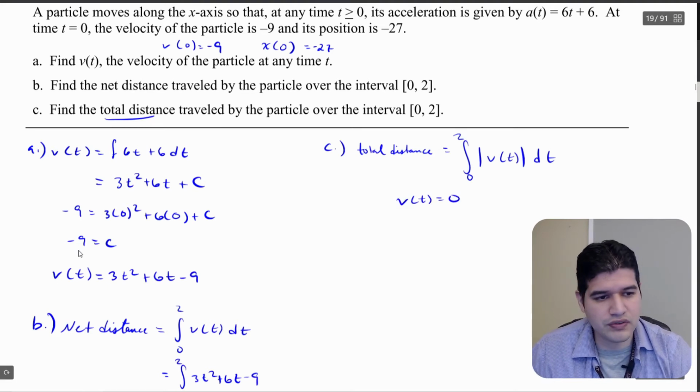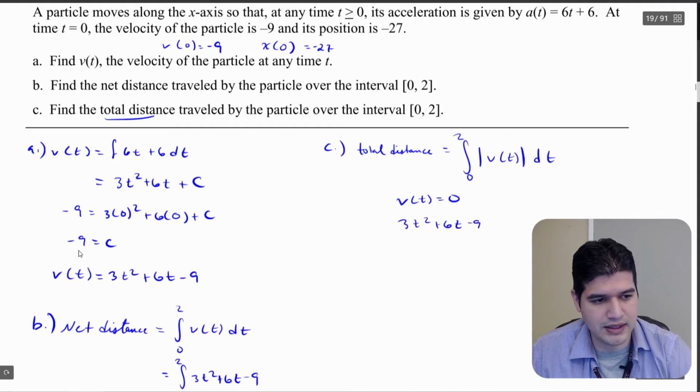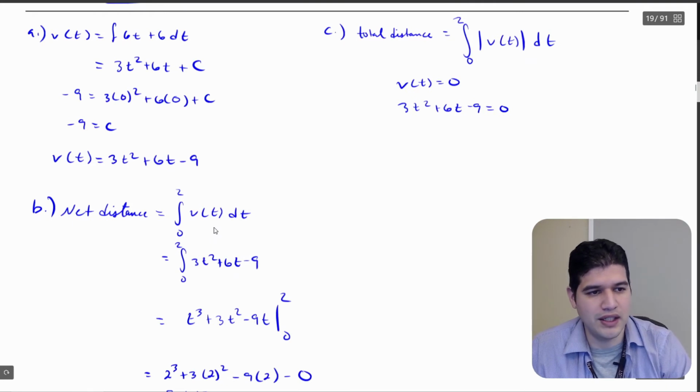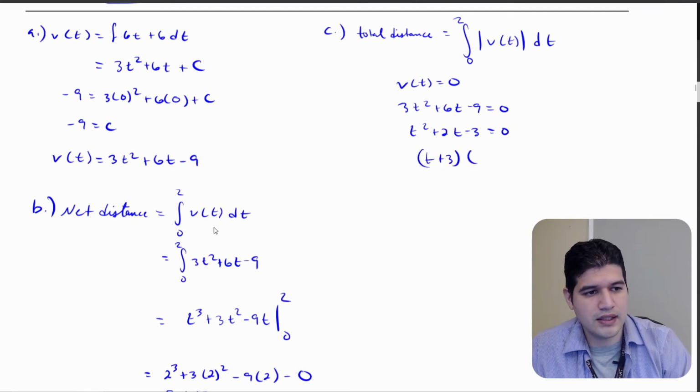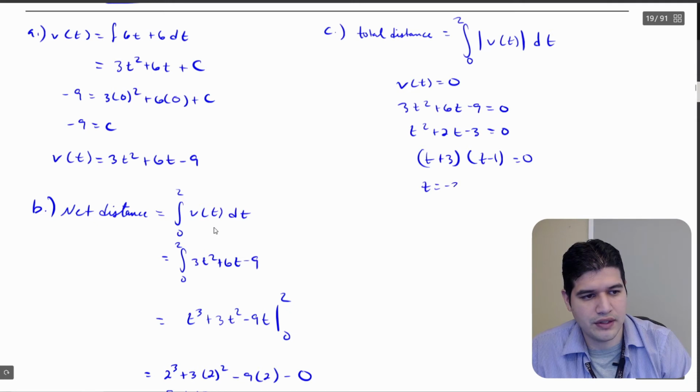And we've already solved for v of t. So 3t squared plus 6t minus 9 equals 0. So I can see that I can factor out 3 from all of these. So I get t squared plus 2t minus 3 equals 0. So let's factor this. I get t plus 3 times t minus 1 equals 0.